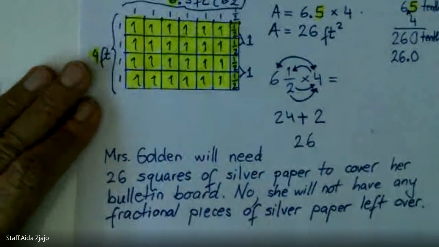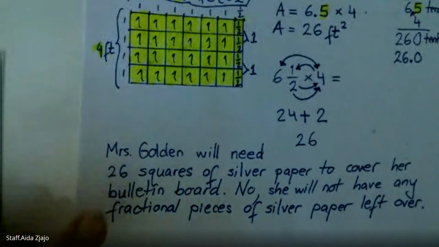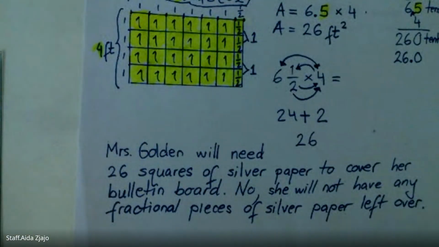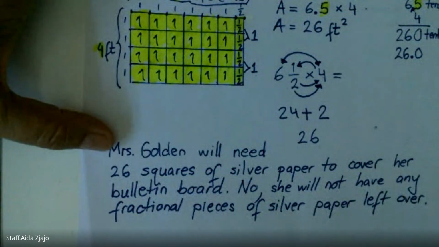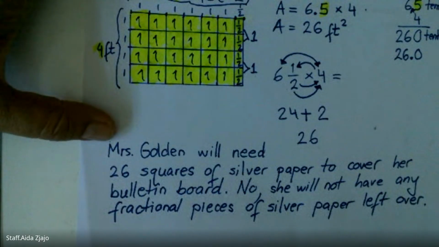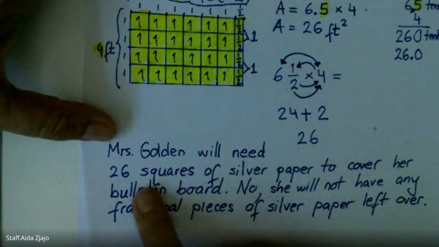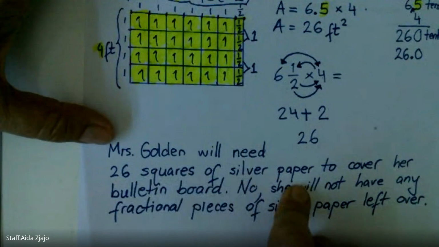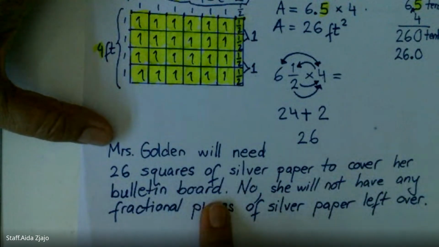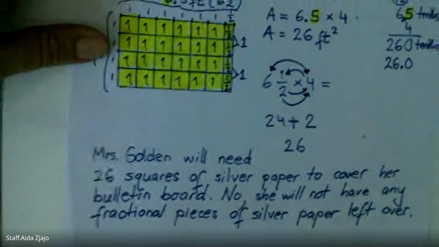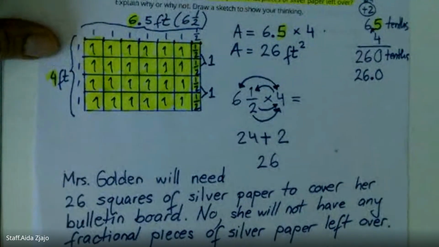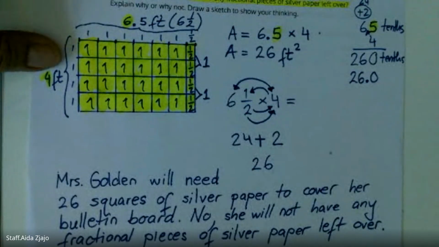Okay, so when we finish writing, we did the whole cycle: we read, we draw a picture, we calculate, and we also write our statement at the end. Mrs. Golden will need 26 squares of silver paper to cover her bulletin board. No, she will not have any fractional pieces of silver paper left over. And that is the final work that we have done here.